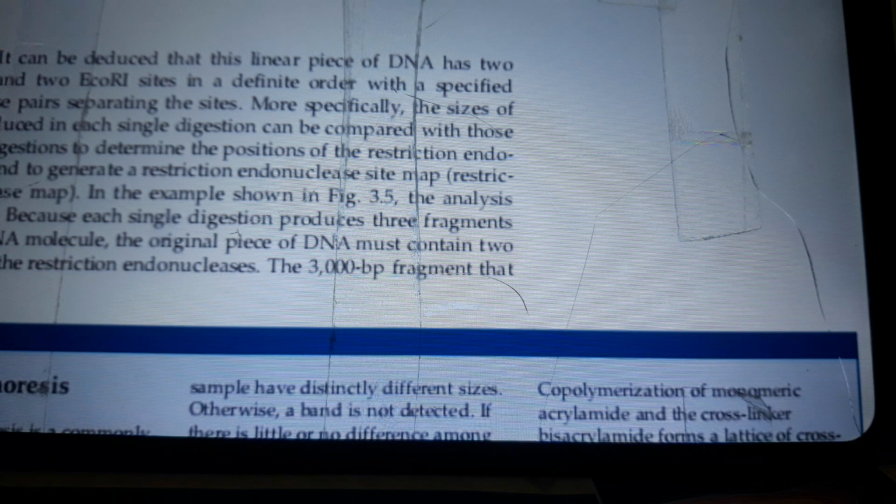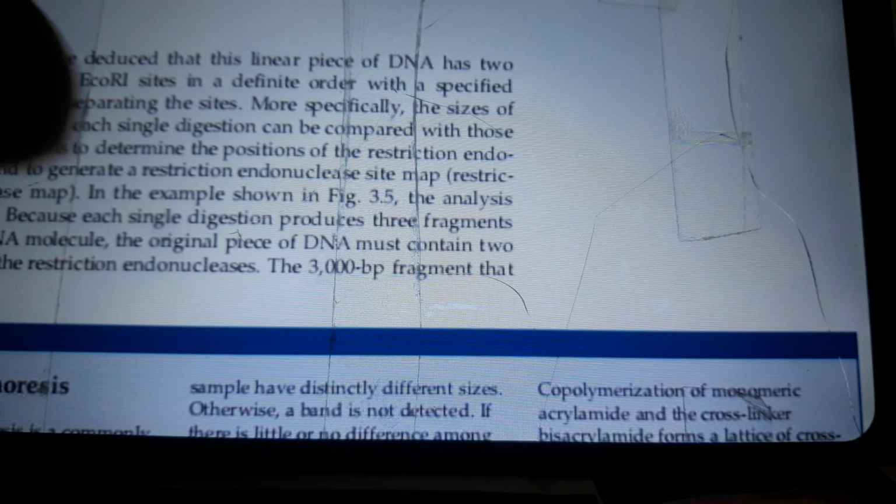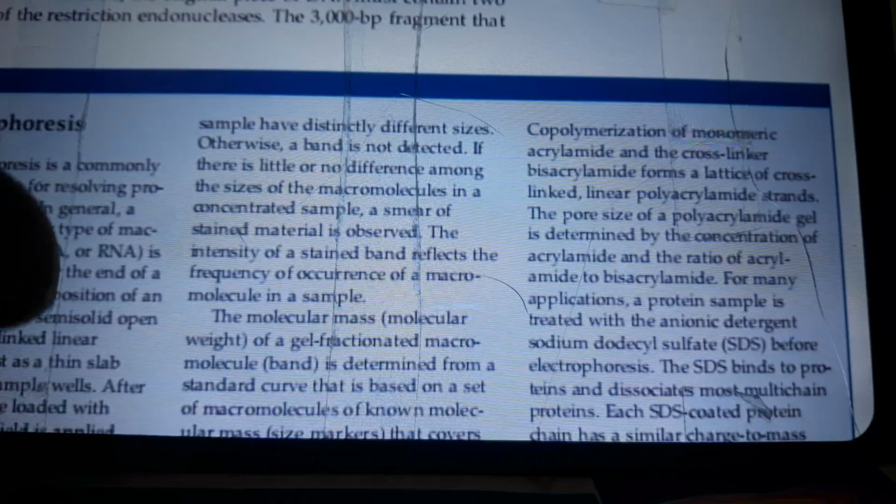In the example shown in figure 3.5, the analysis goes as follows. Because each single digestion produces 3 fragments from a linear DNA molecule, the original piece of DNA must contain 2 sites for each of the restriction endonucleases, the 3000 bp fragment.